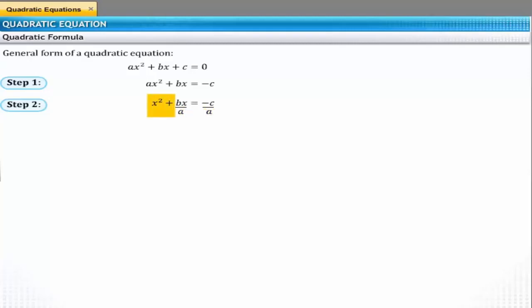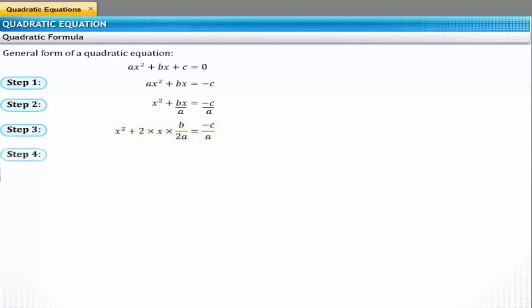You get x squared plus b times x divided by a is equal to minus c divided by a. Step 3. Multiply and divide the last term by 2 to get the equation in terms of 2ab. The result is x squared plus product of 2x and b divided by 2a is equal to minus c divided by a.